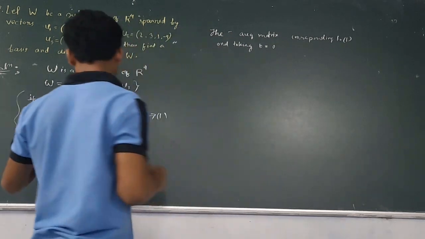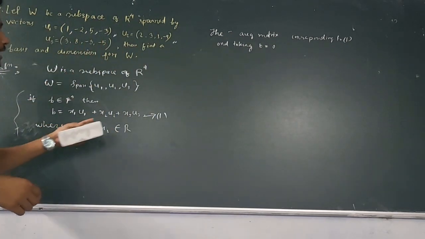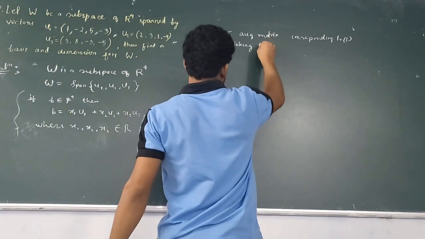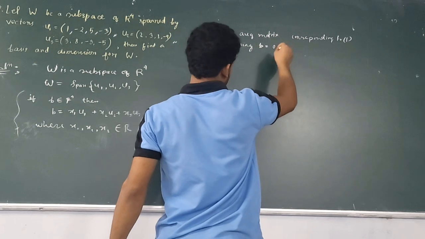B is any vector in W, but we are now taking B equal to 0. This is a particular vector, the zero vector.